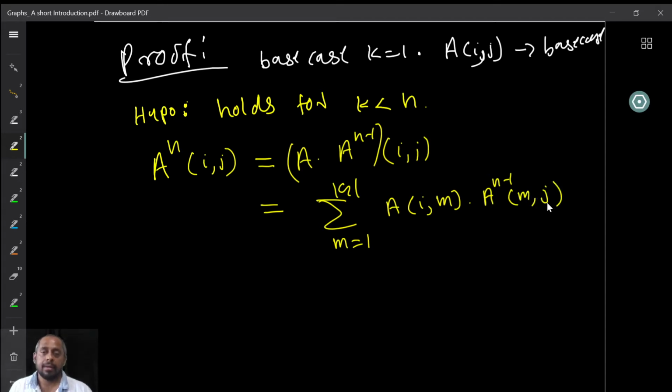Now, what is A raised to n minus 1 of m comma j by the induction hypothesis? This is the number of walks of length n minus 1 from Vm to Vj.